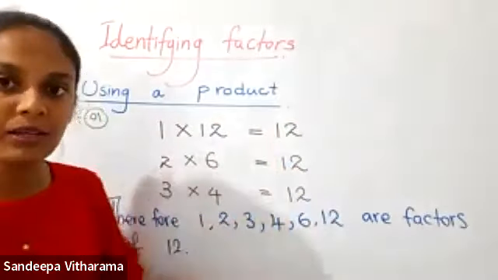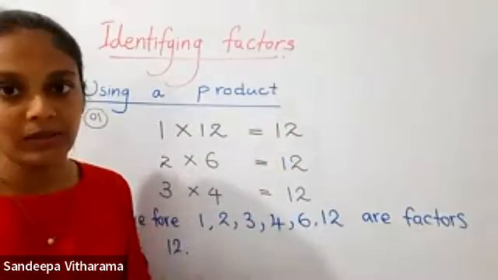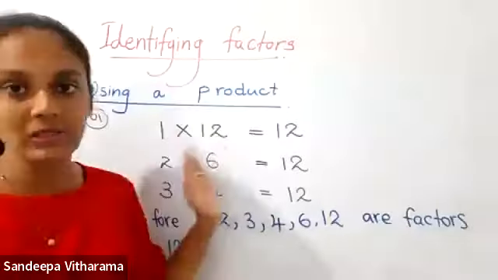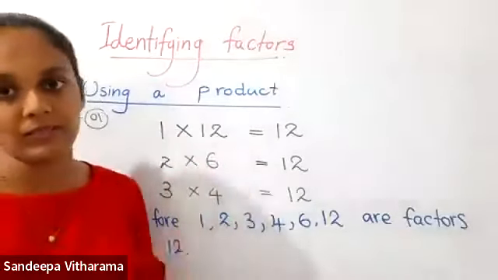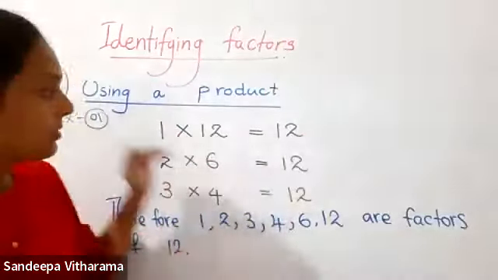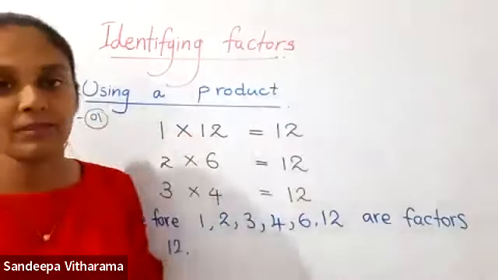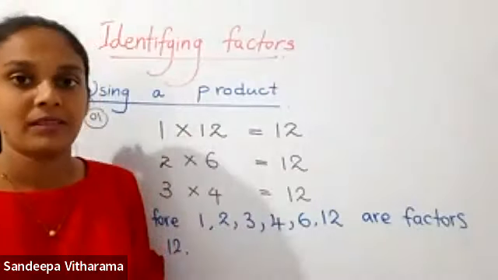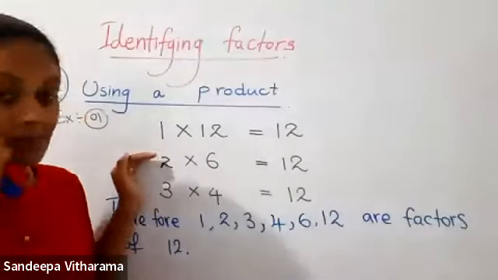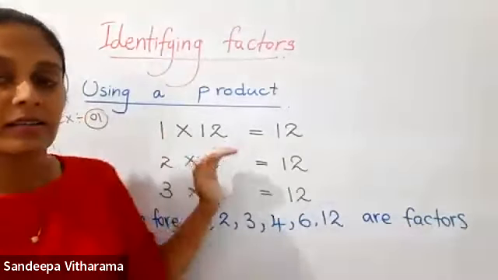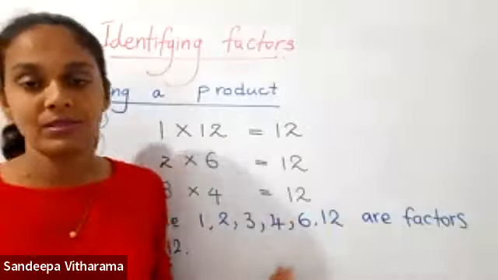Here I am going to identify the factors of 12. So you have to write all the products that we can obtain 12. Then I have written it. That means all the two numbers that we write as a product are considered as the factors of 12.